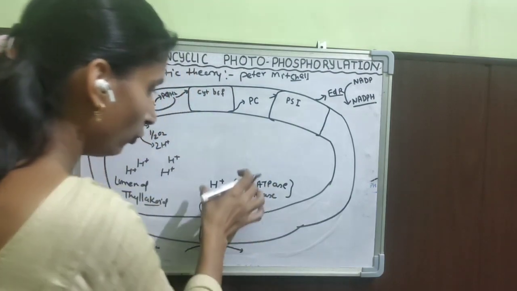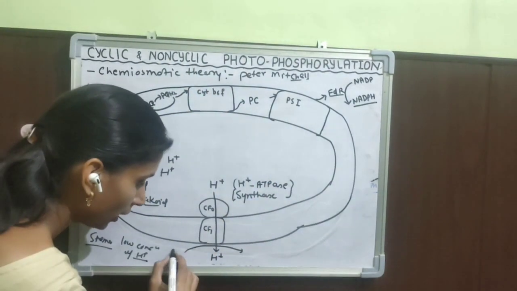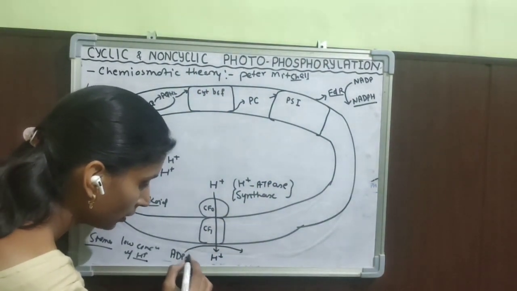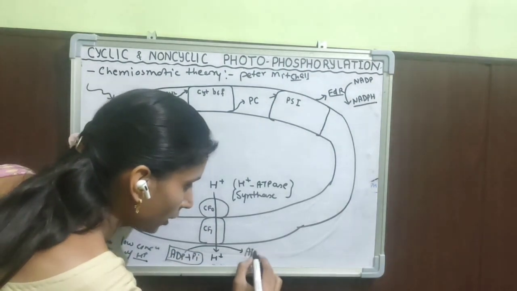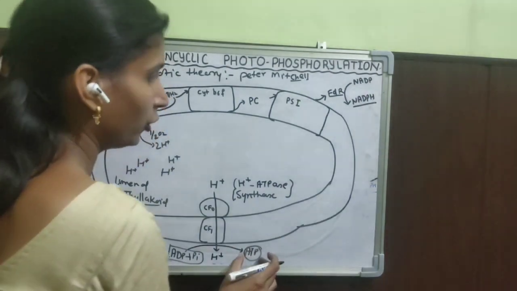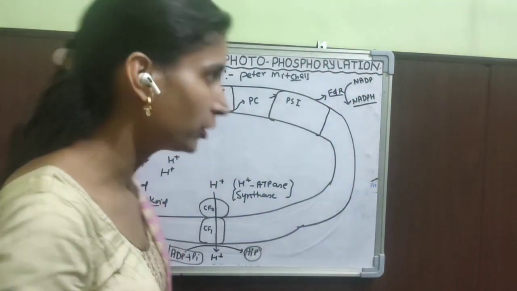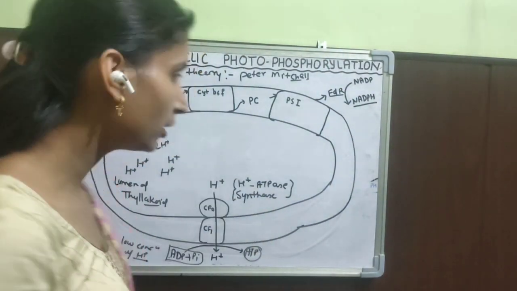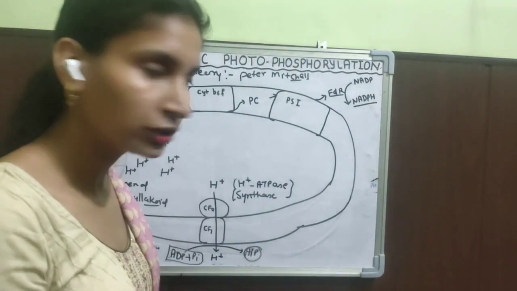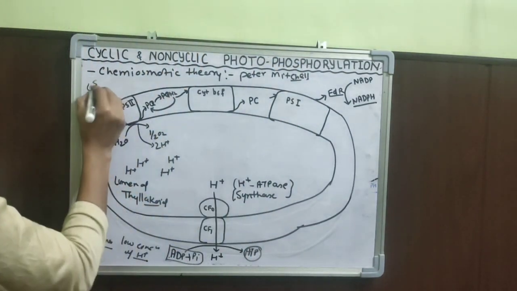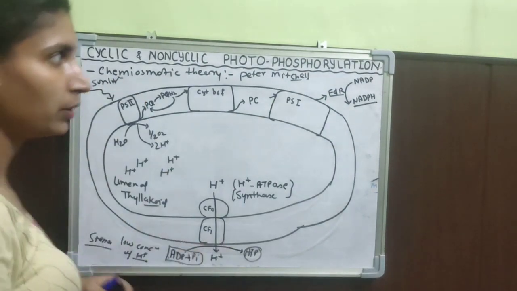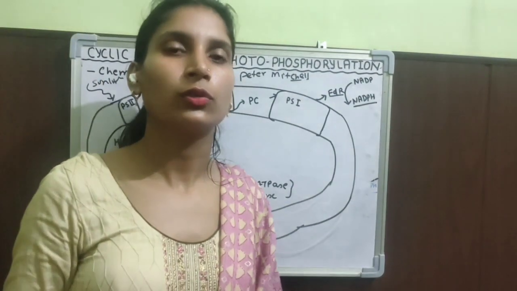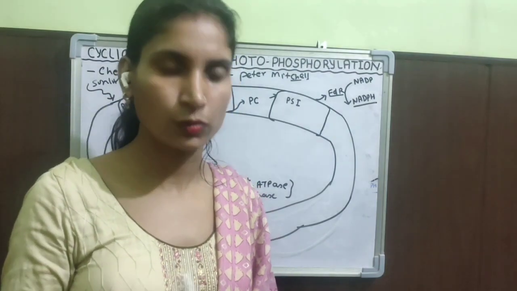When it works, ADP plus inorganic phosphate get incorporated and produce ATP. So a second phosphate containing compound is produced. From where does the energy come to produce this energy rich compound? One is from the sunlight and the second is due to the proton motive force. So ultimately we found the products of the non-cyclic and the cyclic photophosphorylation.